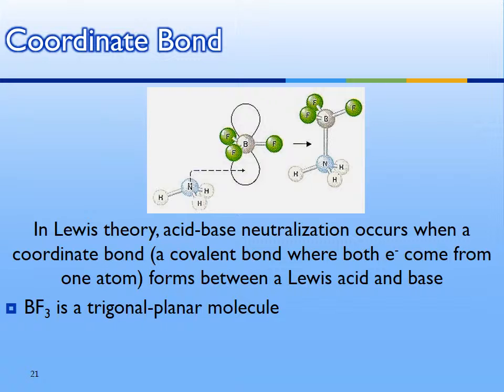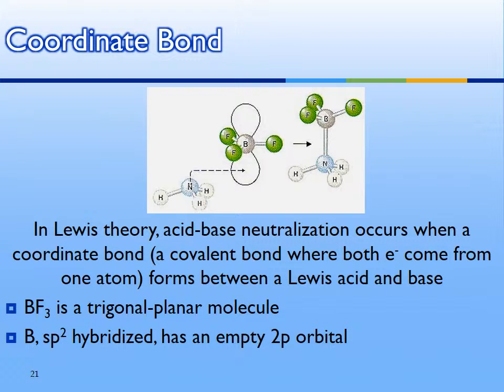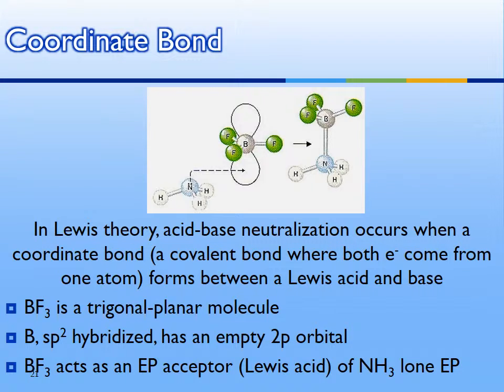You have boron trifluoride, a trigonal planar molecule that has an empty 2p orbital. Why? Because the boron is sp2 hybridized. And so, boron trifluoride acts as an electron acceptor, in other words, a Lewis acid, of the ammonia lone pair, electron pair. And that's how this reaction works.